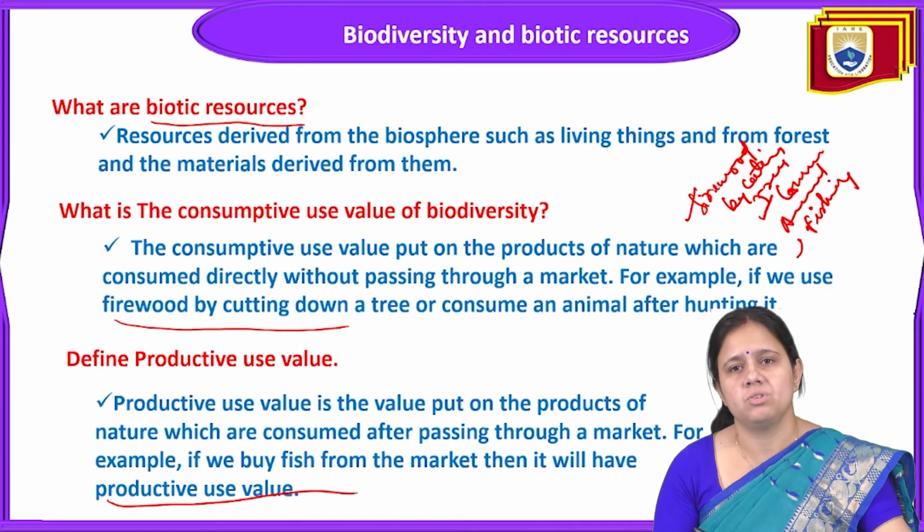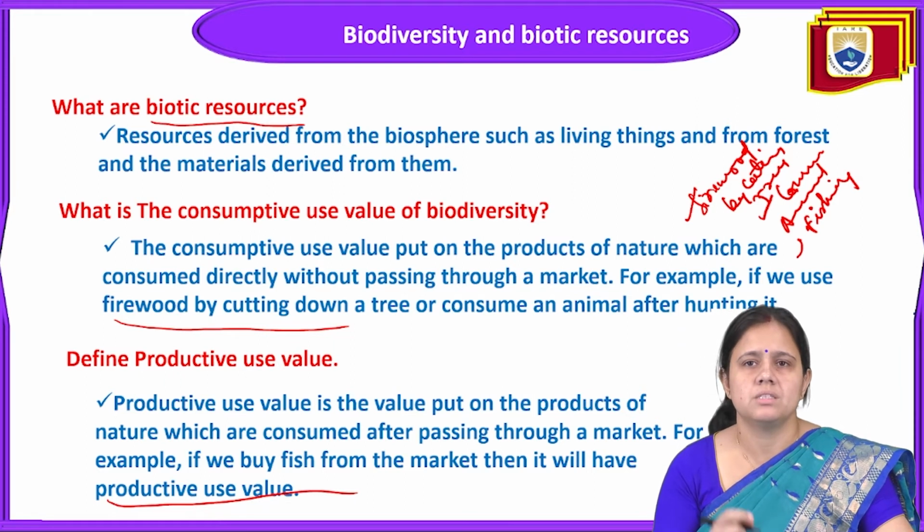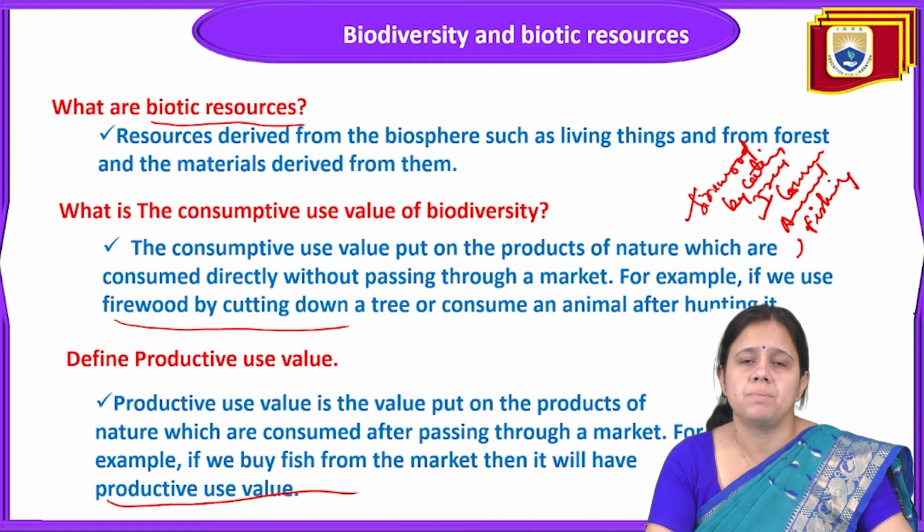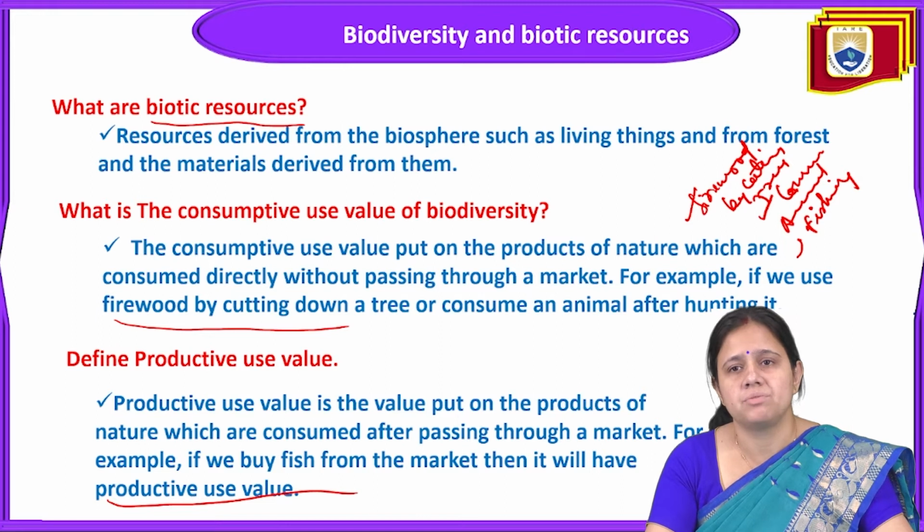Second is the productive use value. Consumptive use value means we take benefit directly from the biodiversity, and productive use value is put on the product which is consumed after passing through the market. So this is the basic difference between these two kinds of values.